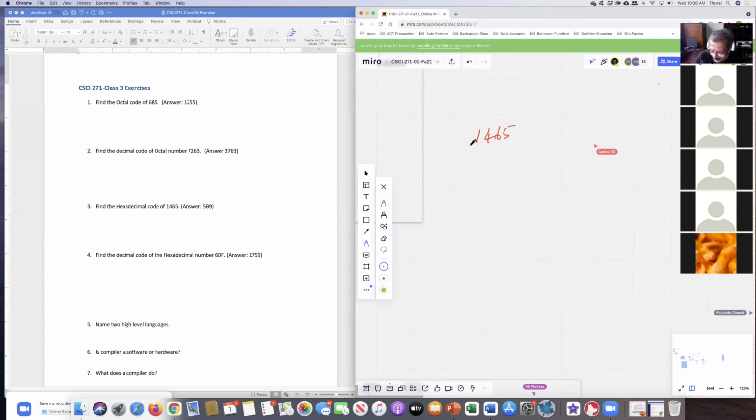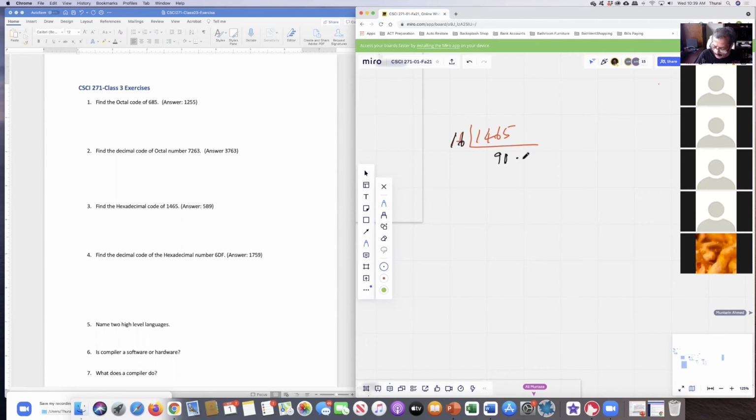We want to find the hexadecimal code, so we divide by 16. If you use your calculator to divide by 16, you get 91 point something. So 91 is the answer you write. And then to figure out the remainder, multiply 91 by 16 and take it away from 1465.